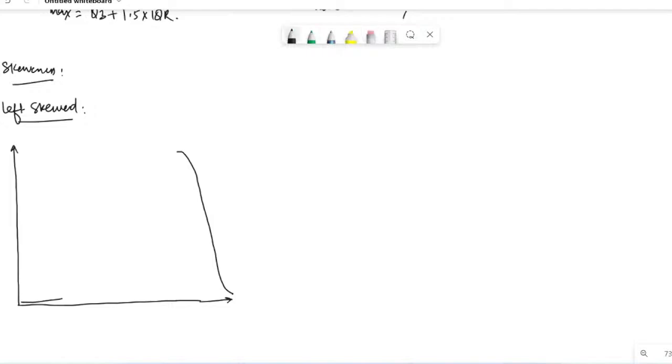If your tail is towards this side, you can call it left skewed. The alternative name is negative skewness.